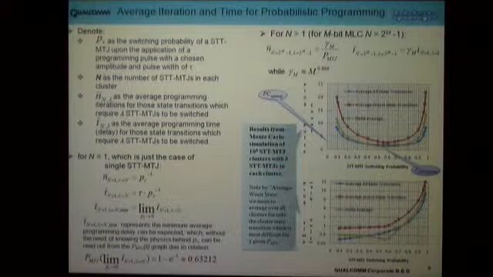And we notice there is an optimum STT-MTJ switching probability, and once we use that one, the programming iteration can be minimized. So we want to find out what this optimum STT-MTJ switching probability is.